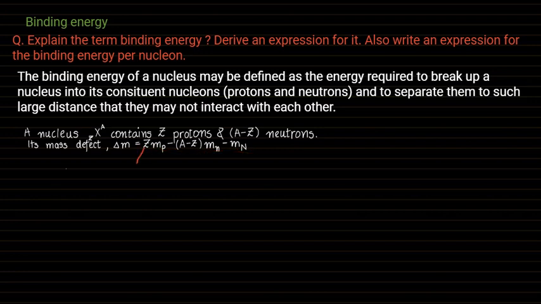Z is the number of protons, Mp is the mass of the proton, A is the mass number, Z is the atomic number, A minus Z gives us the number of neutrons, Mn is the mass of the neutrons, and capital M N, this one is the mass of the nucleus. So small n stands for neutrons, capital N will stand for nucleus.